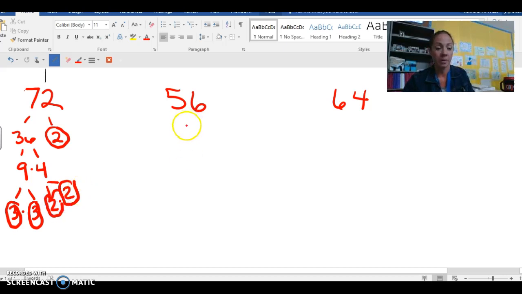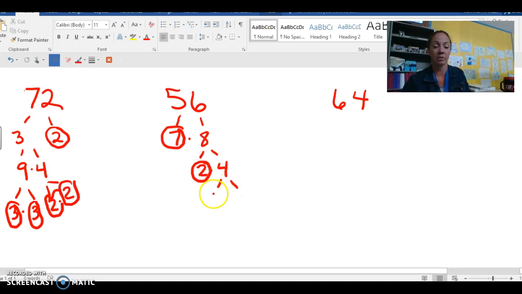Now for 56, we have 7 times 8. Now 7 is a prime number, so we'll circle that. Can't go any farther with that one. 8 is 2 times 4, so we'll circle our 2, and then the 4 can be factored a bit farther down to 2 times 2. So we'll circle those prime numbers as well.